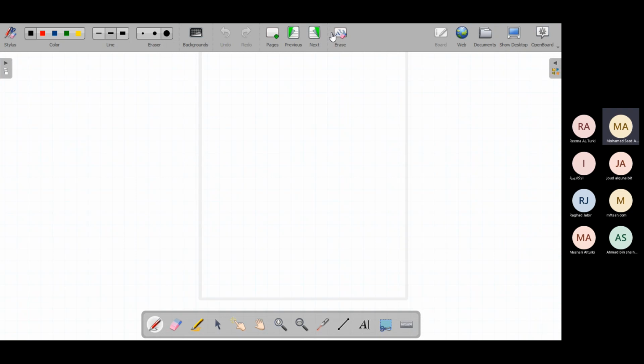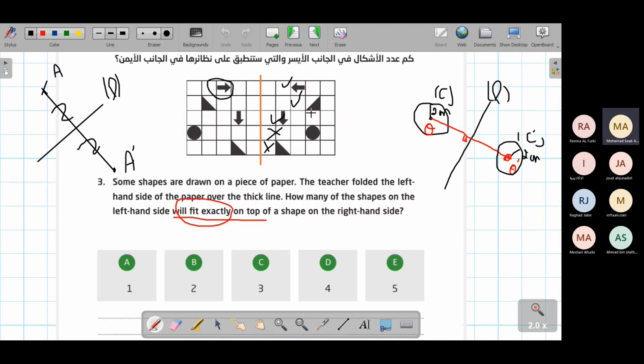So now, Mishari? Can I ask a question? Yes. Should the numbers of the blocks be equal? Yes, because you need to have the same distance from, for example, the shape of the circle or triangle to this line.